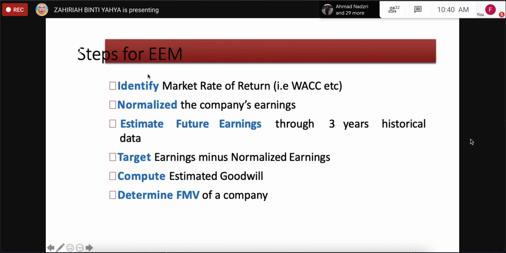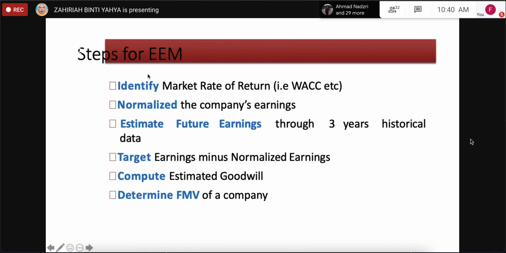Oh, so you dah dapat yang normalize. Normalize, tapi kita buat kat atas lah, the top part, at the front. Okay. Tapi you make sure you normalize. Kalau you dah buat kat atas, kat bawah you tak payah buat lah. Alright, thank you very much. Jangan 2 kali normalize, jadi double counting. Ya? Okay.